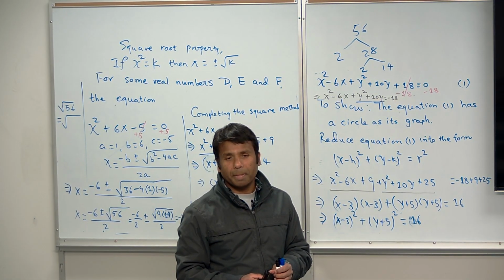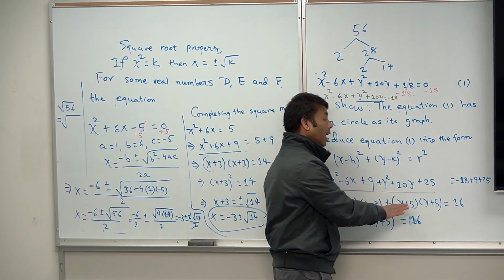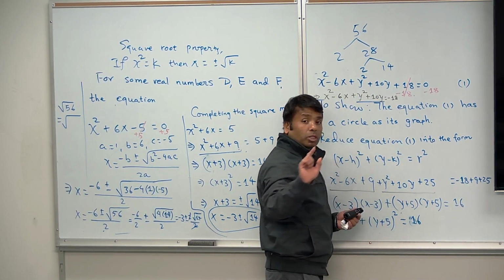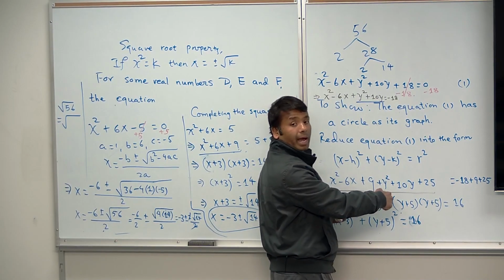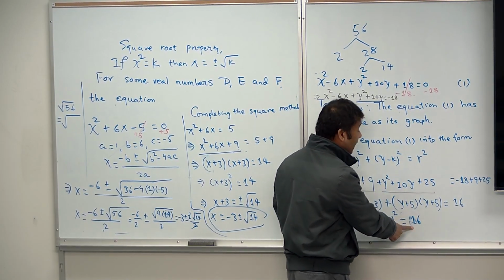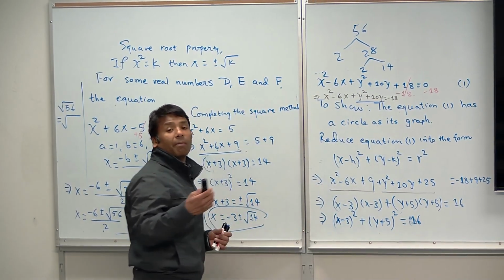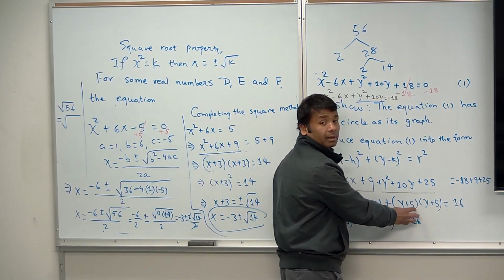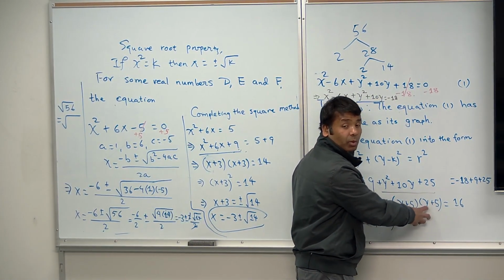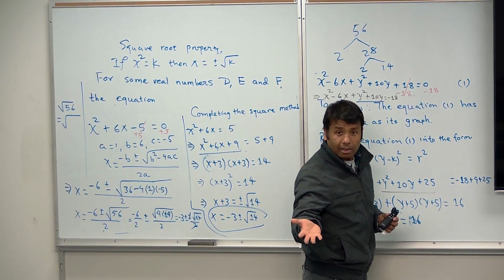Let me say that again, okay? You use the completing the square method, right? After doing all this, finally, if you get r square positive, that means the graph of the equation is a circle. If you get the value of r square 0, that means the graph is a point, right?